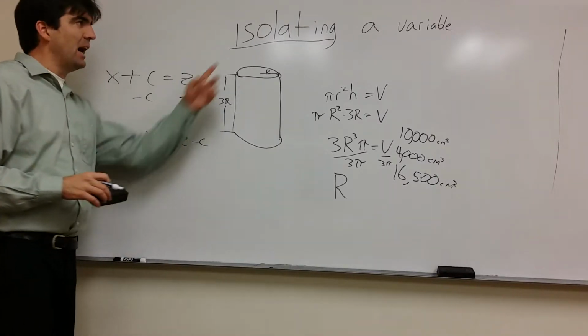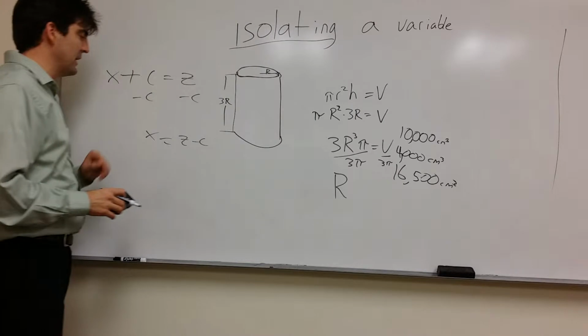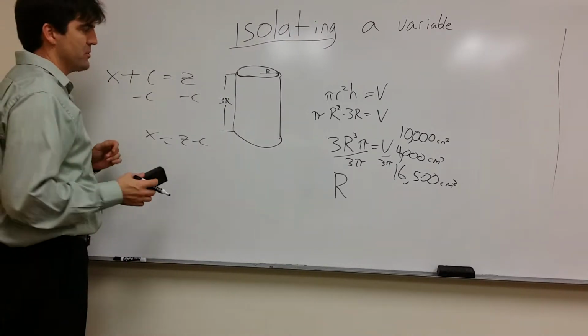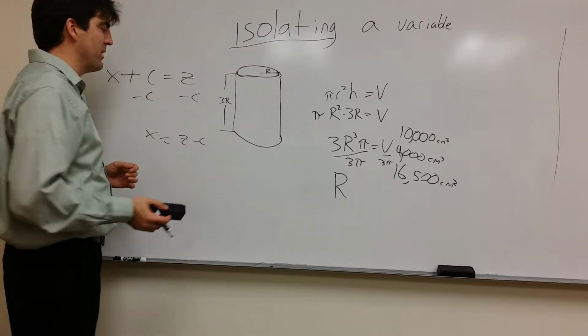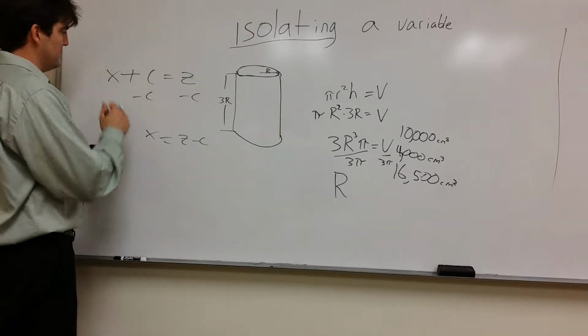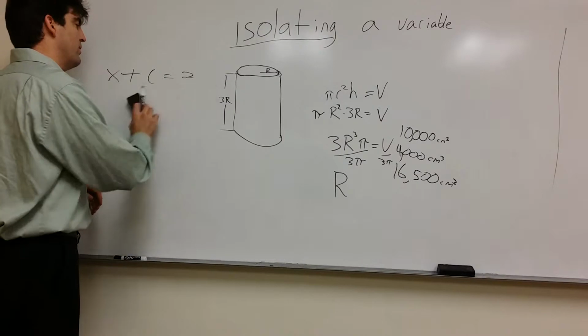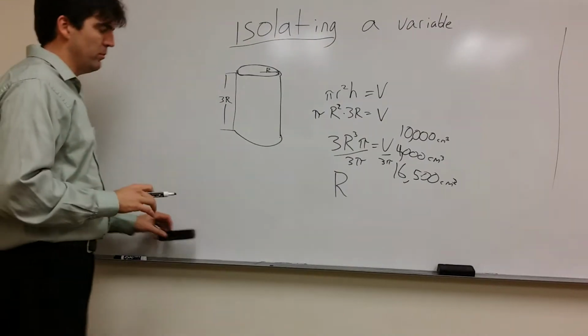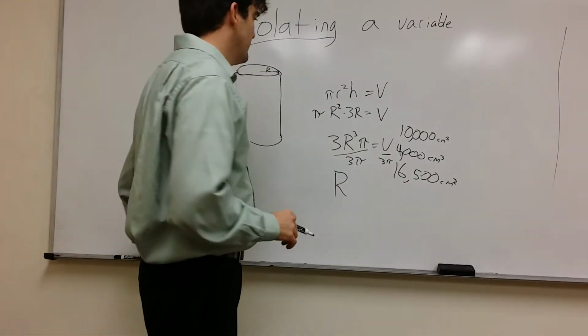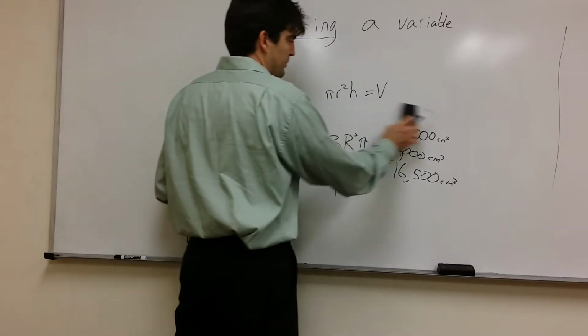Well, I'm going to call this isolating a variable, getting it by itself. Solving for a variable, it's really the same thing you're doing. It's just getting the idea that you want x all by itself sitting there, with the other variables moved to the other side. So I came up with this little problem here.